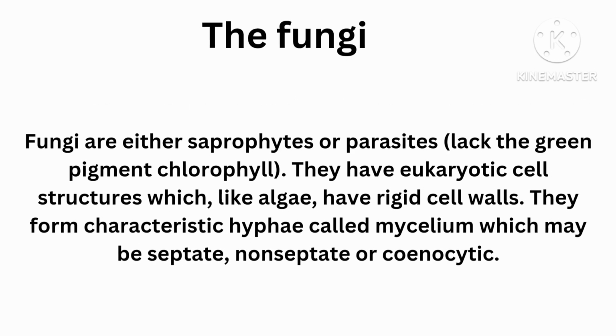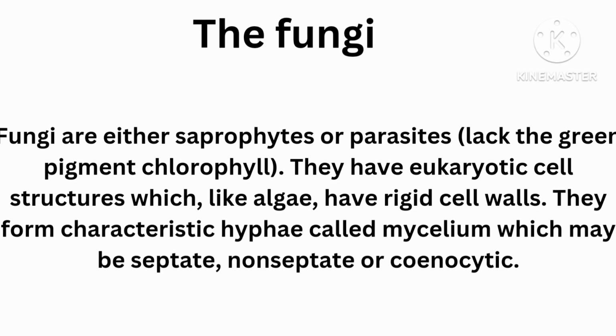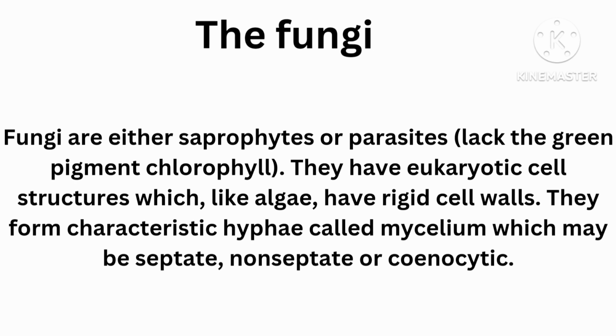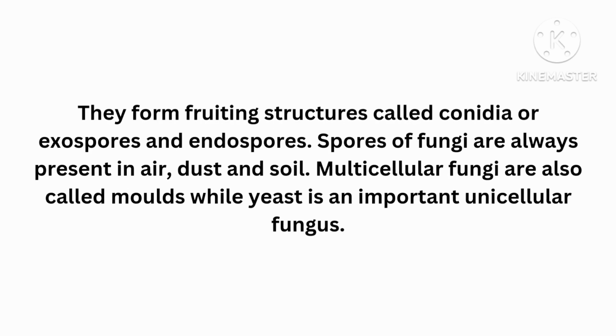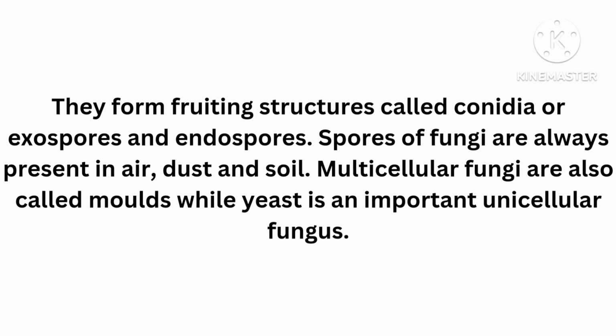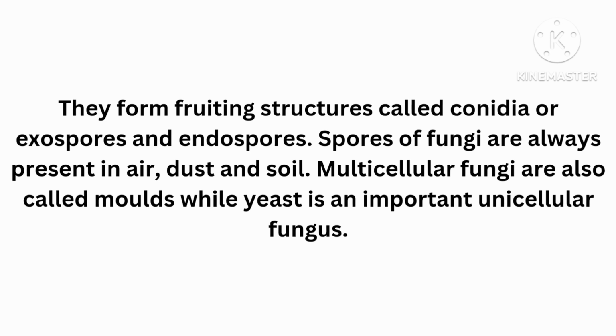The next one is the fungi, which are saprophytes or parasites. They have eukaryotic cell structures like algae, and they have rigid cell walls. They form fruiting structures called conidia or exospores and endospores.